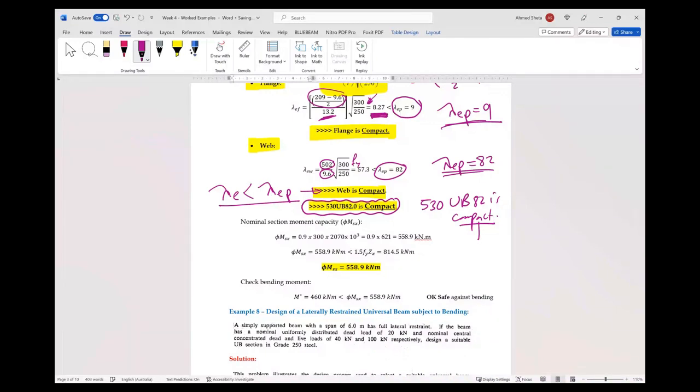If it is a compact section, the section will carry the nominal section capacity. So what we need to find is only the nominal section capacity.